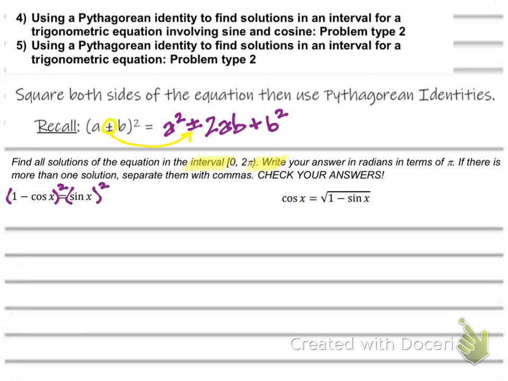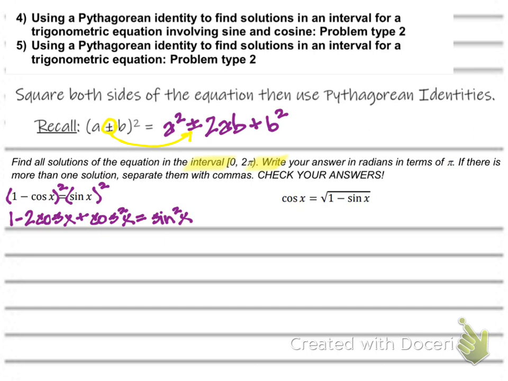So my left-hand side will become 1 minus 2 cosine x plus cosine squared x equals sine squared x. So now we have squared functions, right?